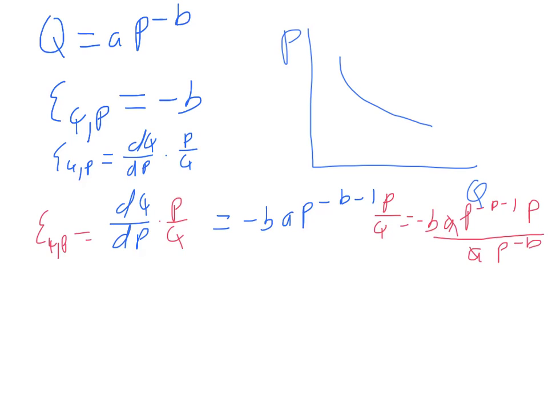The a's cancel, and to see what's going on with the P's, I think it's easier if you write the exponents all in one term. So negative b, P to the negative b minus 1. P by itself is plus 1. P to the negative b in the denominator, we move it to the numerator, is plus b. So the b's cancel and the 1's cancel, and I'm just left with negative b.